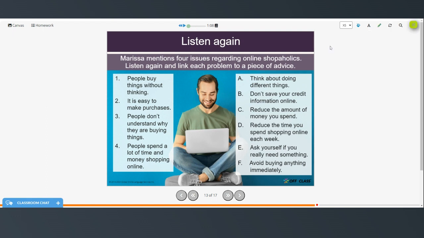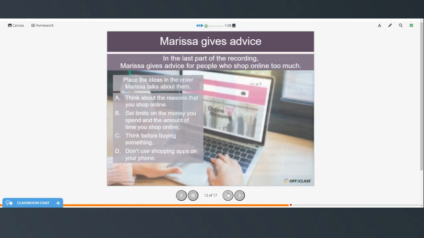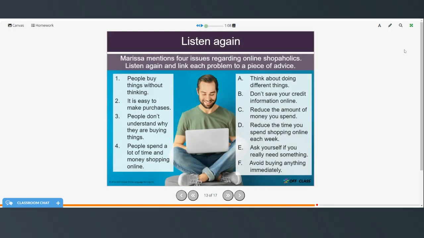All right, so people buy things without thinking. She said one way to reduce that would be don't save your credit information online. It's easy to make purchases. That would be don't save your credit information online.